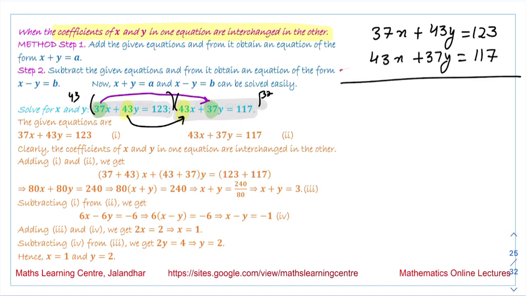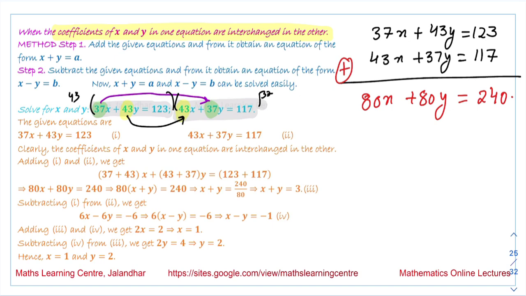First of all, we are going to add these equations. When we add these two, it will become 80x plus 80y is equal to 240.